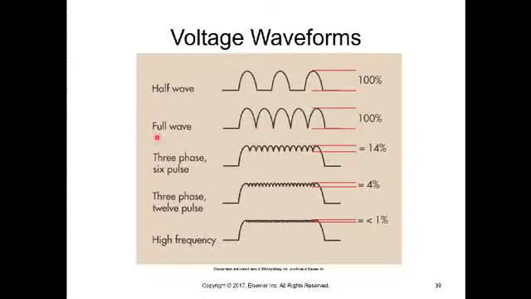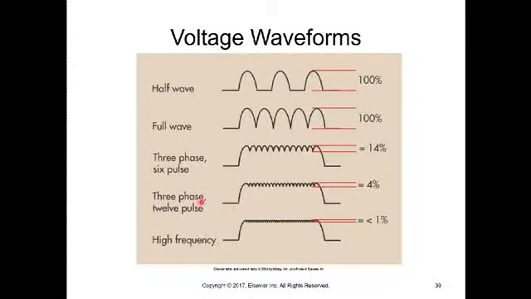So 3-phase units, they go 3 times through the cycle. So 3 times 60 is 180. And when you're using a full wave, you're multiplying that 180 by 2 because you're using both the positive and negative swing of the cycle. So with 3-phase units, you're going to end up getting 360 pulses per second.